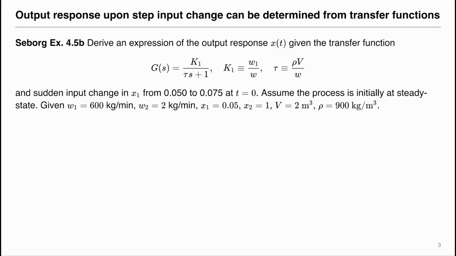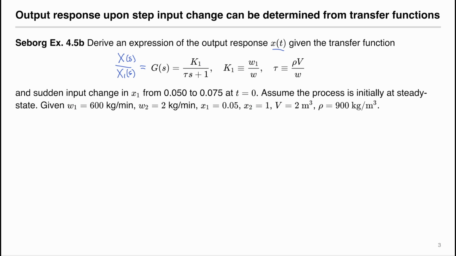Now we want to find an expression for the output response x of t in the time domain, given the transfer function we just solved. Note that the transfer function by definition is the output in the Laplace space, in this case big X of s, divided by the input, in this case big X1.